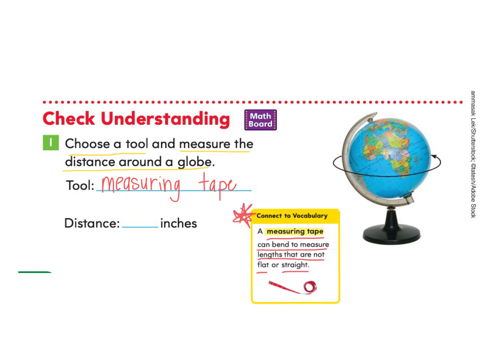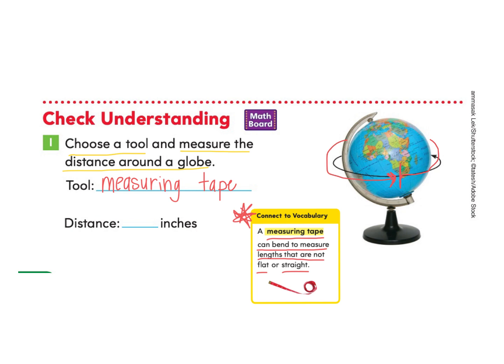As a reminder, a measuring tape can bend to measure lengths that are not flat or straight. So now I will need to get the measuring tape, and just like with our ruler, I will start at one spot. Let's say I start right here, and I will go all the way around till I come to the end right here.